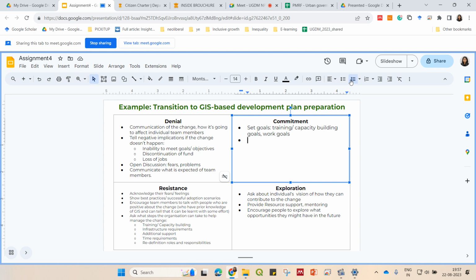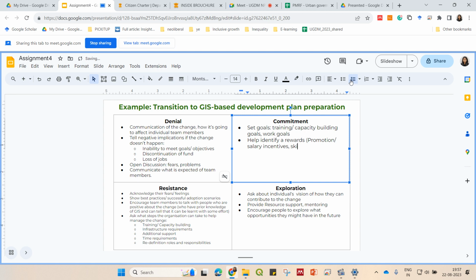Okay, you can help them identify a reward for themselves. So things like promotion or salary incentives.